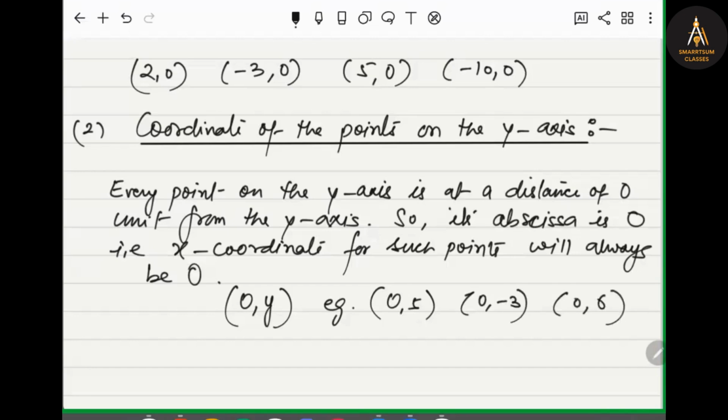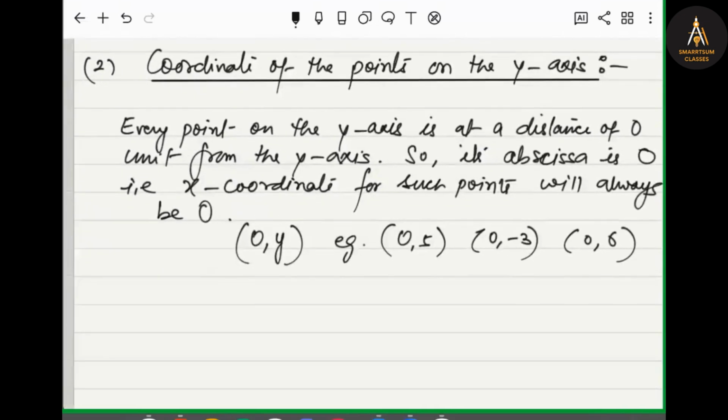These are all the points which are lying on the y-axis. Is that clear? Now, what will be the coordinate of the origin? Can you tell me? Coordinate of the origin. What is origin?